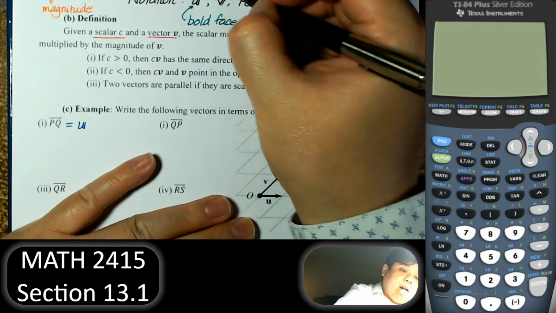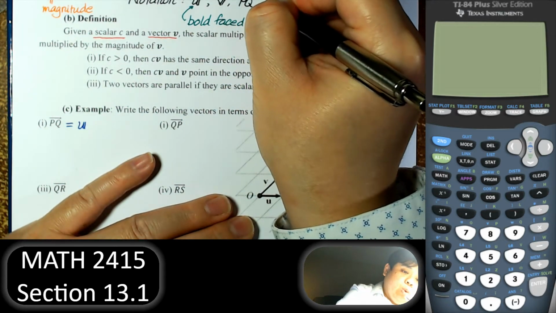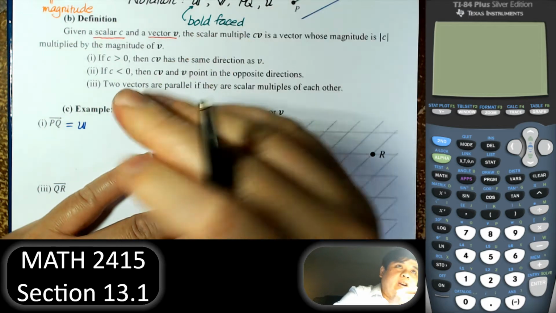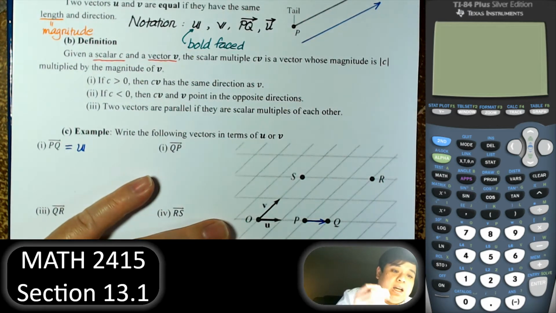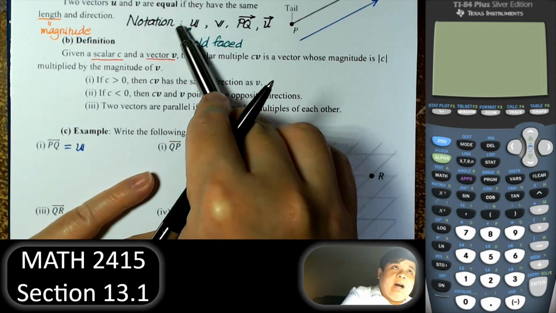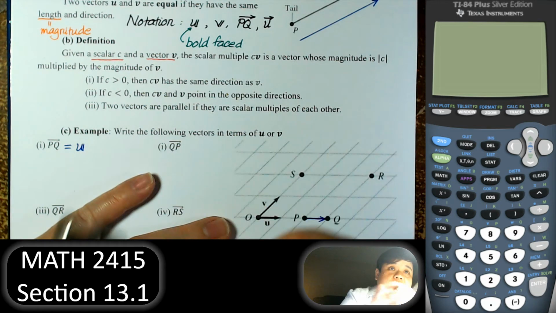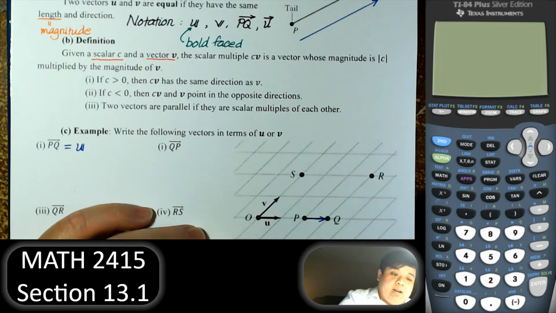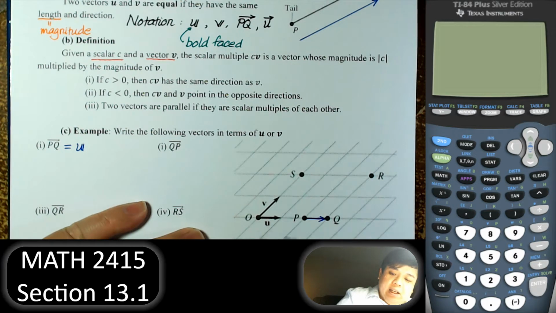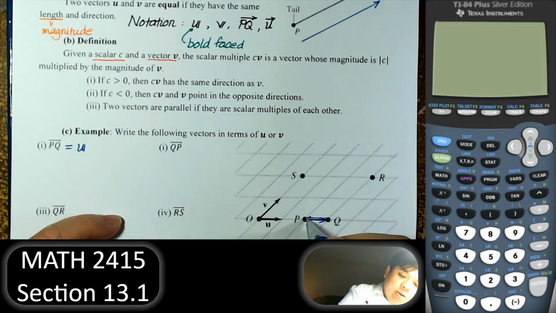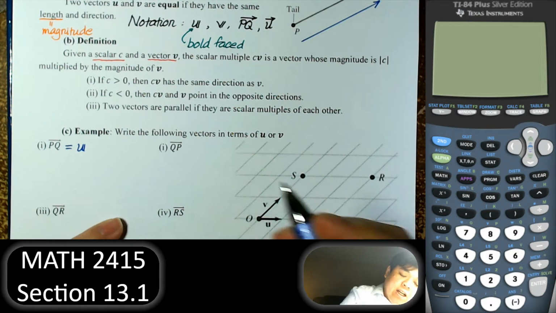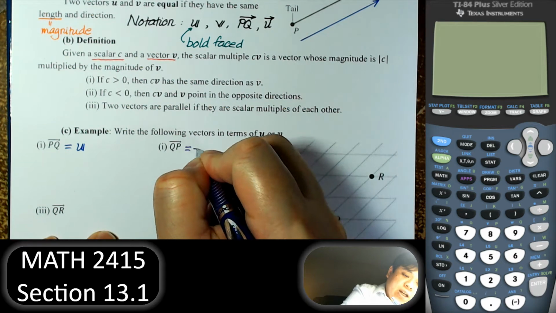And also somebody will use U with the arrowhead on the top of it, still fine. But in this book, and what I prefer, we use the boldface to distinguish a scalar. Right, QP is pointed in the opposite direction. So we're going to say that's going to be negative U.